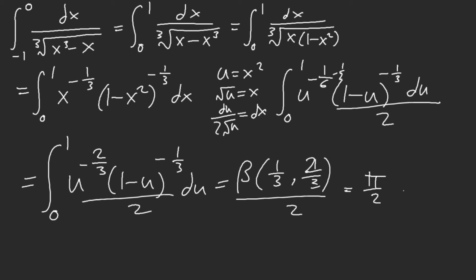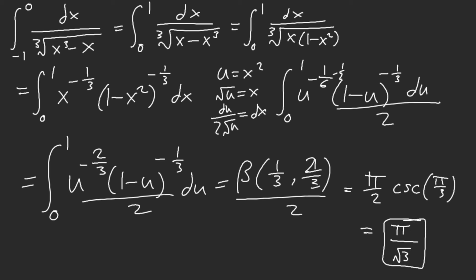So pi over 2 times cosecant of pi over 3. So our answer is what? Cosecant of pi over 3 is 2 over root 3, so our answer is cleanly pi over root 3.